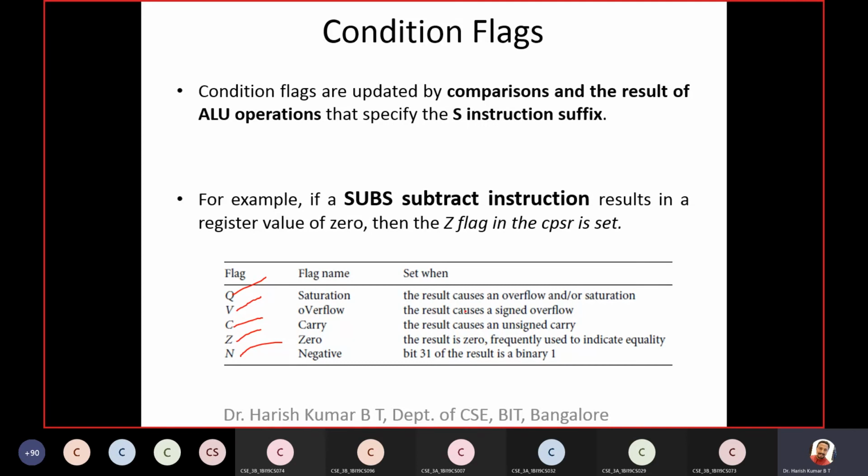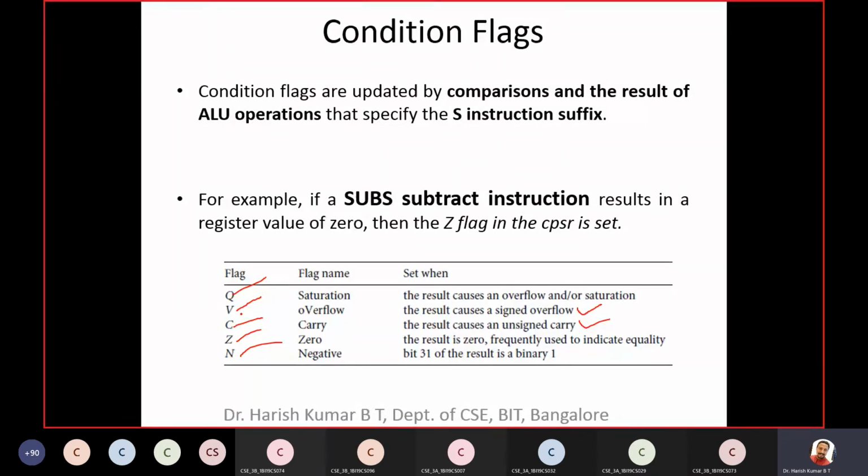What is the overflow flag? The result causes a signed overflow. Carry: the result causes an unsigned carry. Zero: the result is 0. If the most recent operation performed by the ALU gives 0, the zero flag is set. If it results in a carry, the carry flag is set.